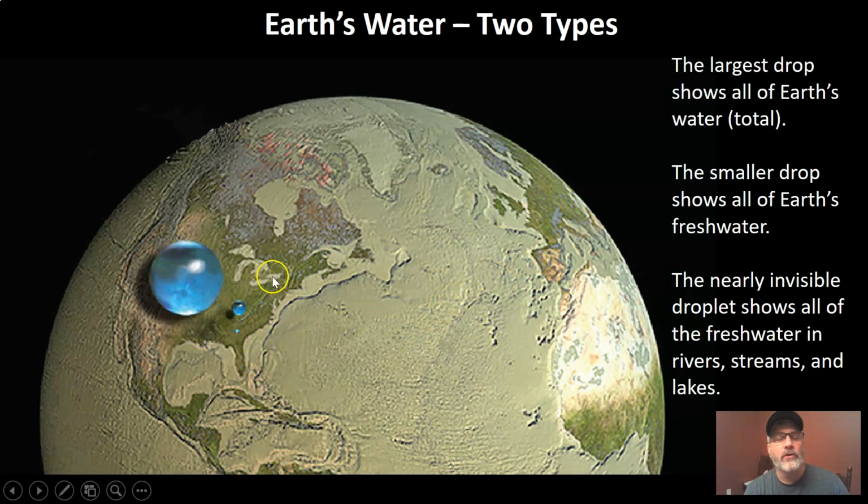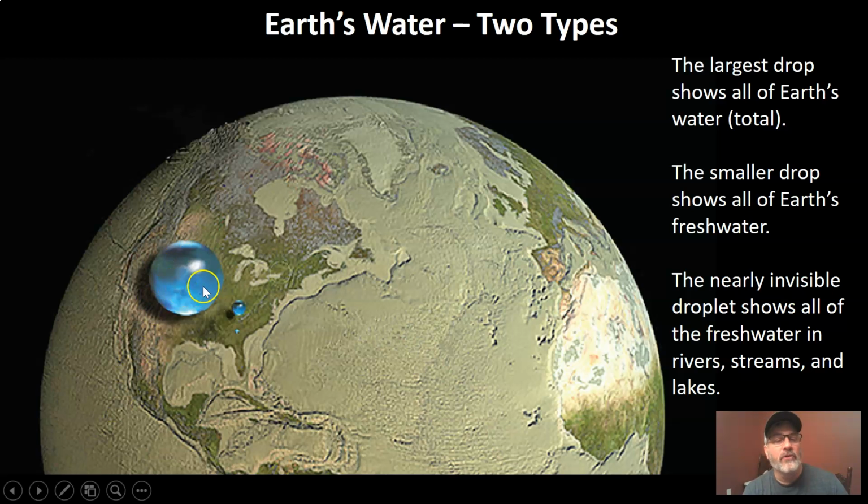Okay, so this largest droplet shows if we took all the water on Earth and we pulled it off Earth and we put it in a ball next to Earth or into a little sphere, that's how much water we would have. And honestly, that's significantly less than most people think that there is.